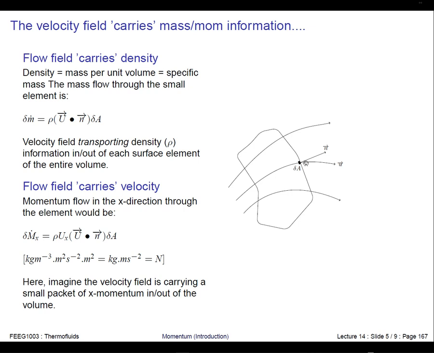It's the same as in mass conservation, in the sense that only the normal component of the velocity contributes to carrying momentum. So if this is the velocity field, only this component can carry any stuff. In mass conservation it's density, in momentum conservation it's momentum.